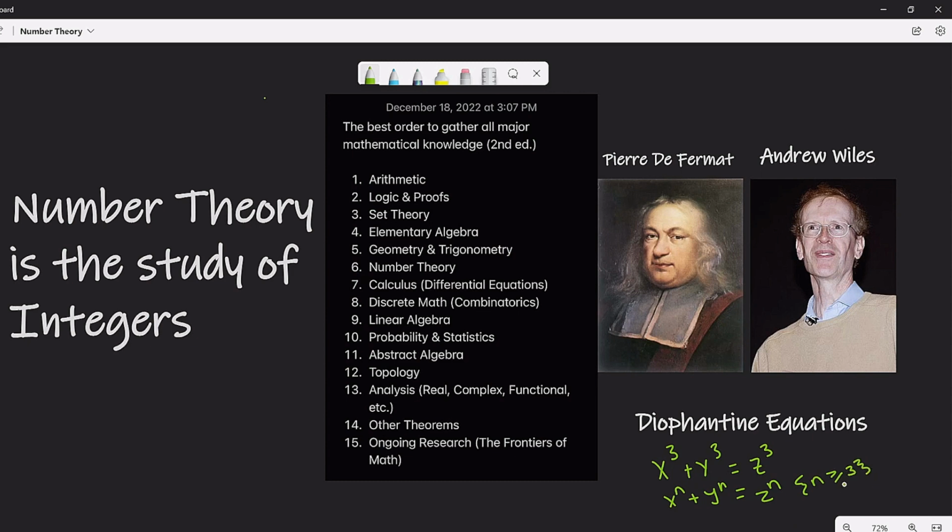Because if it was 2, that is the Pythagorean theorem, which we know has infinitely many solutions. If 1, it would just be the x, y, z integers themselves. And 0 makes them trivial.